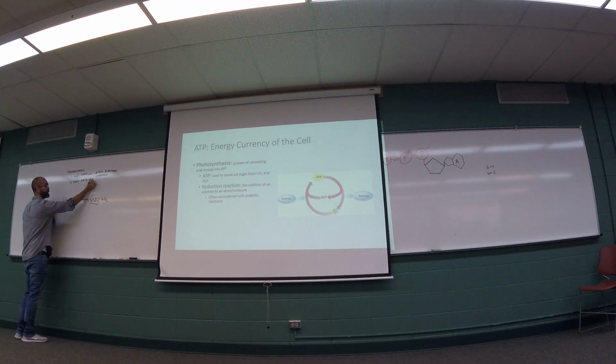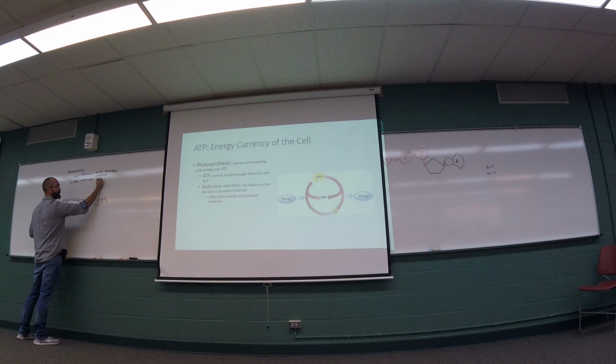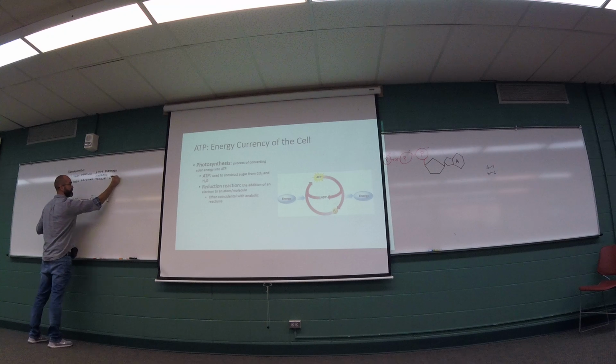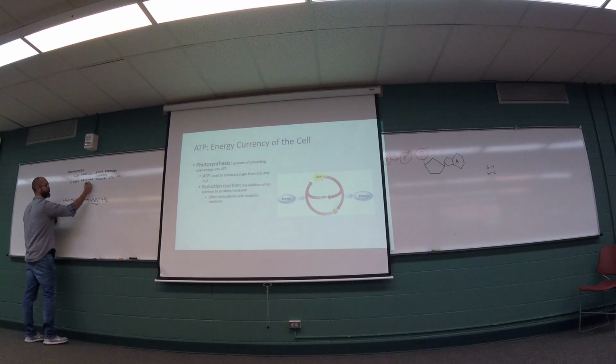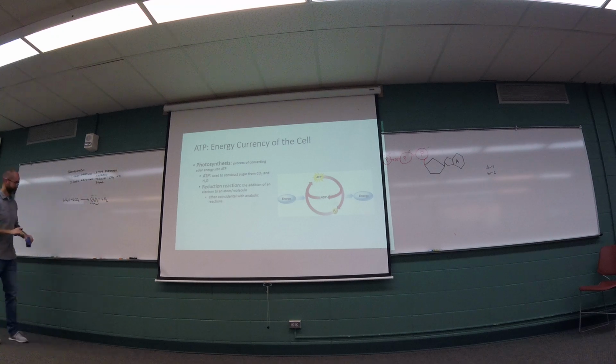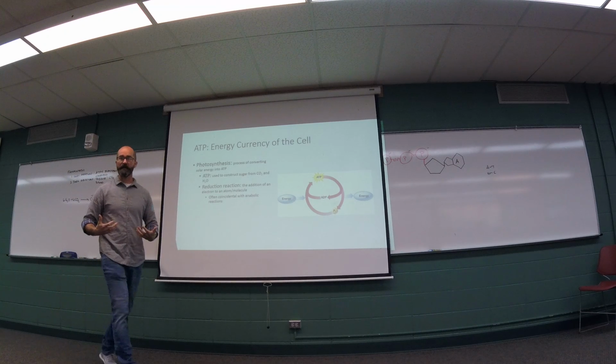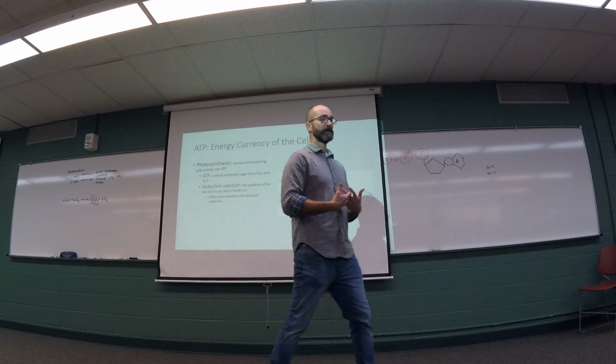what we do is we reduce, I'm going to put that in quotes, we reduce carbon dioxide into sugar. Now, we're going to talk about reduction and oxidation reactions next time.